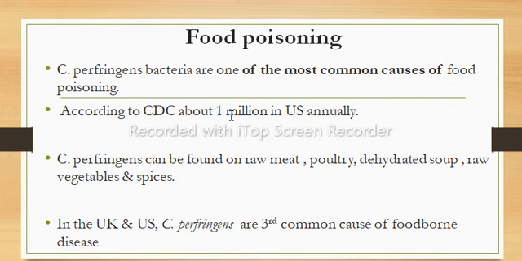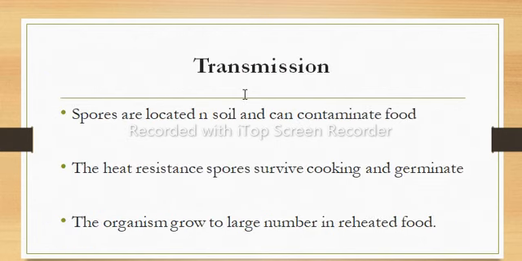Clostridium perfringens is present in raw meats, poultry, dehydrated soups, raw vegetables, and spices. In the United Kingdom and in the United States, Clostridium perfringens is the third most common cause of foodborne disease.